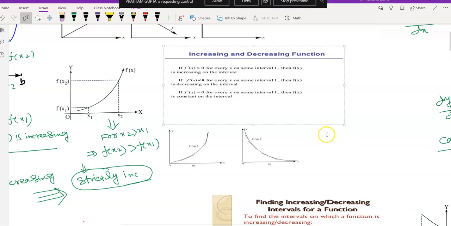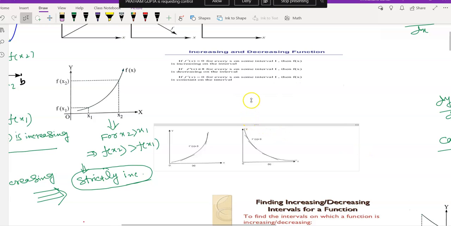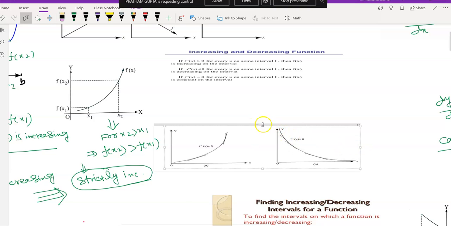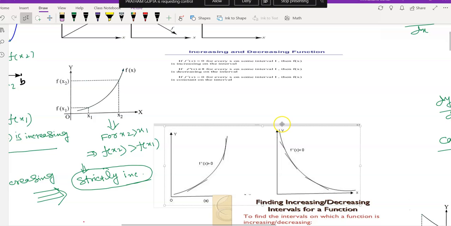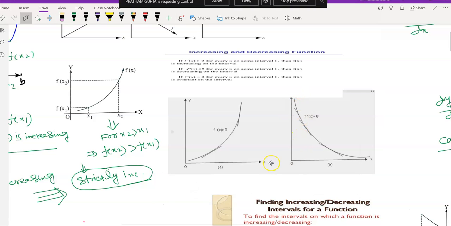Now see the graph of the function. Just a quick revision through the graph. All of you can verify the graph here. In this graph, what do you observe? If I plot the graph of the function, then at every point the slope of the tangent will be positive.